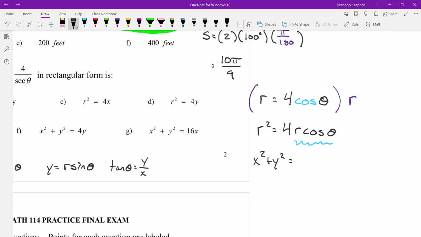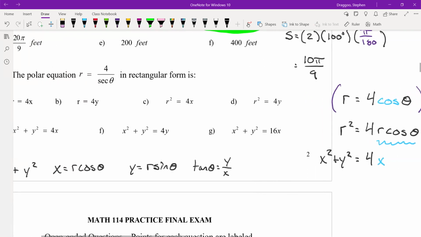And on the right, for r cosine theta, that's just 4 times x. I'll also just slide it over so I keep my equal sign in the same spot all the way down. And now everything is in terms of x and y, so I'll look for an equation that hopefully has that in it.